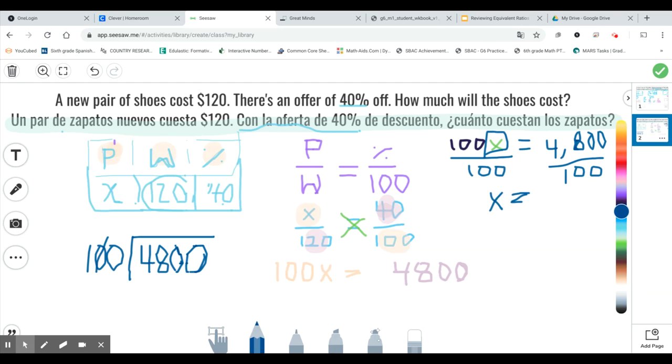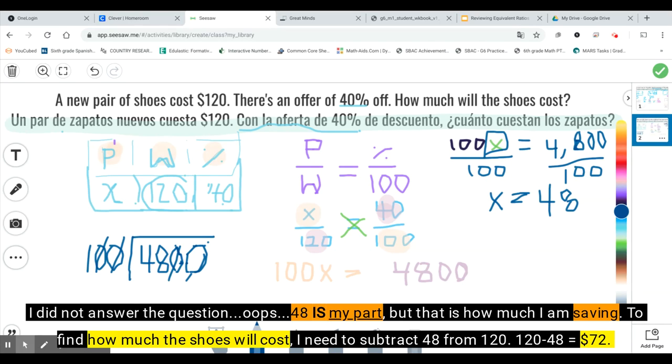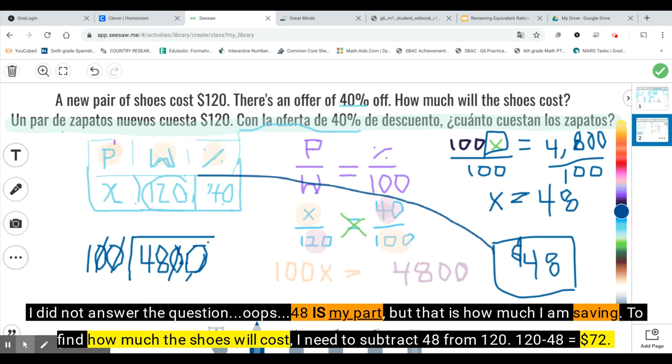I have zeros that match. 1 into 48 equals 48. So I'm going to end up paying $48. That is my answer. That is my part.